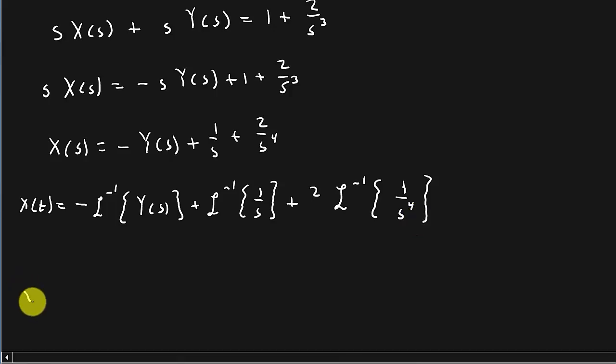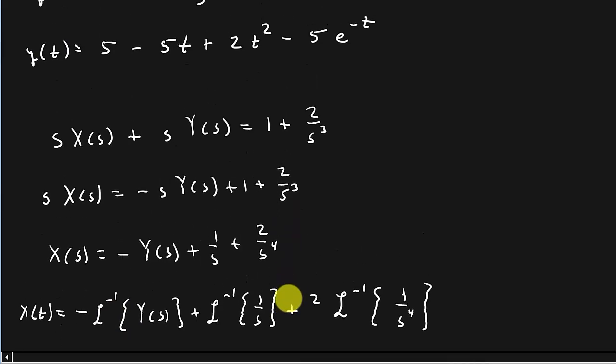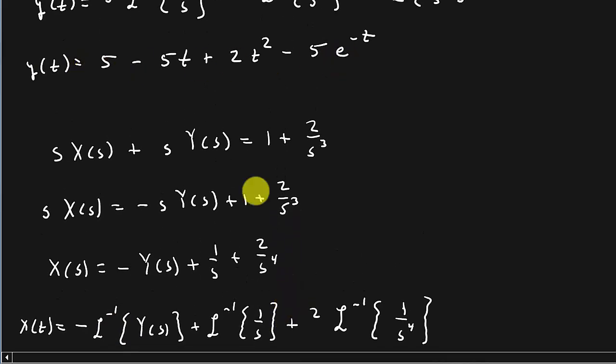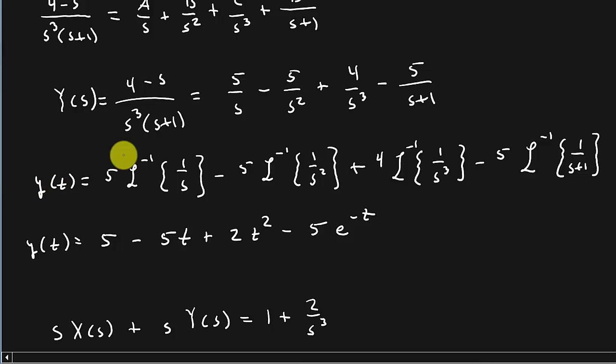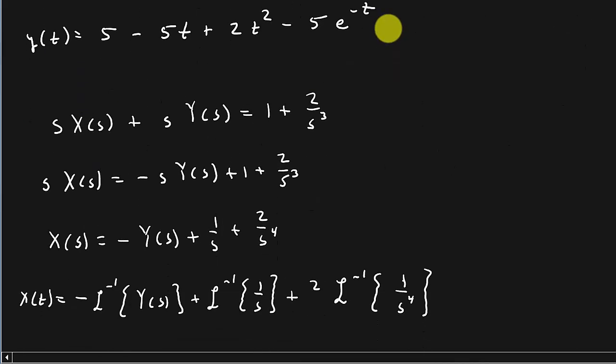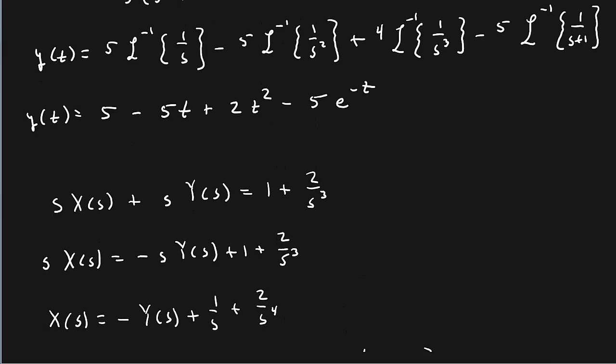All right, so we've got x of t is equal to the inverse Laplace of y of s. Well, we know what that is. That's this right here. See, we did that up here when we took the inverse Laplace of that. So let's see, where is it? Here it is.